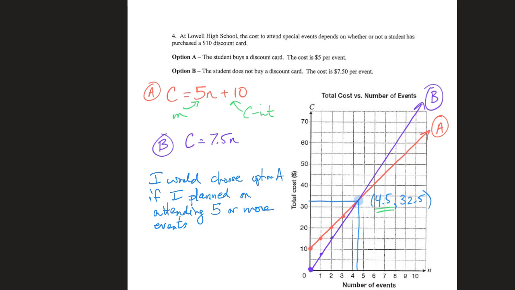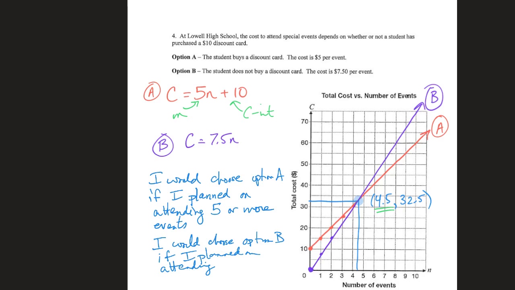Okay, the question says determine the conditions under which you should choose each option. So now I would have to make a statement that I would choose option B if I planned on attending.